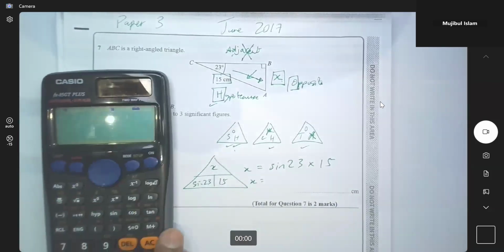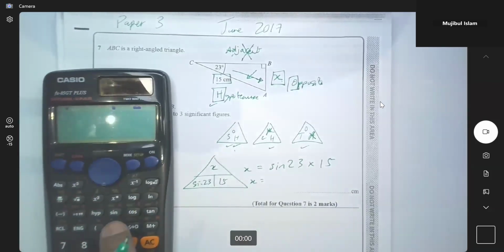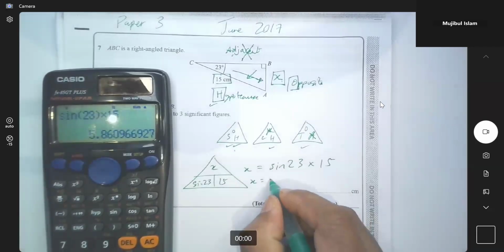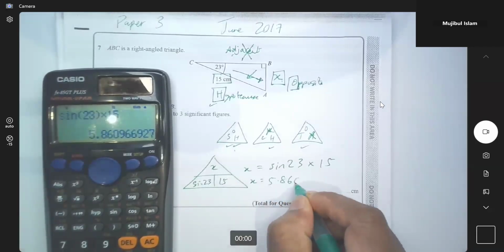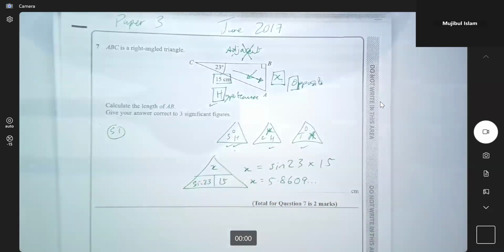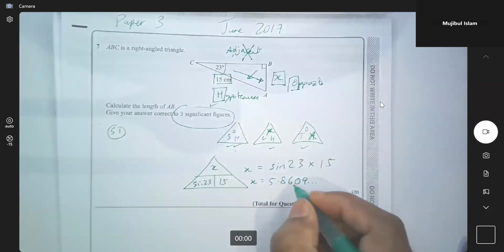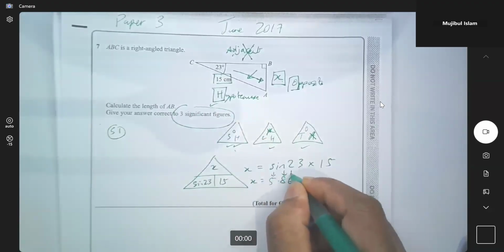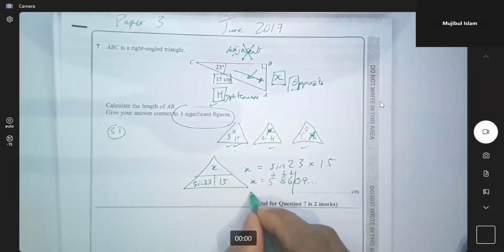Get the calculator out, and you have to know how to use your calculator. Each calculator is different. Sine 23 times 15 gives us 5.8609, carries on. It's saying 3 significant figures, 1, 2, 3. My answer is 5.86. Well done to those who gave me an answer.